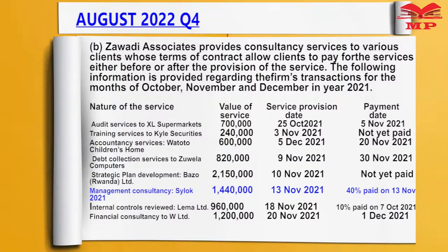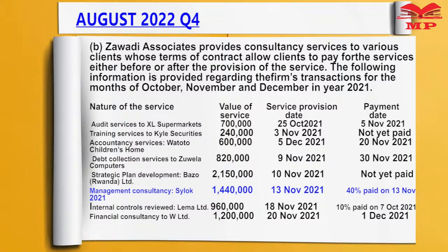So, the transaction was management consultancy to Siloc Investment. The value of the service was 1,440,000. The service provision date was 13th November 2021. 40% paid on 13th November, meaning 40% of the amount was paid on the service delivery date, and the rest was to be paid later.